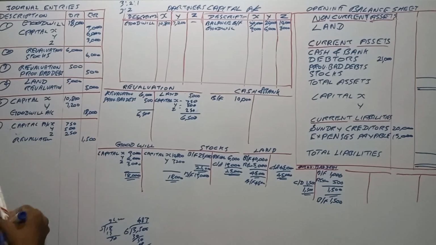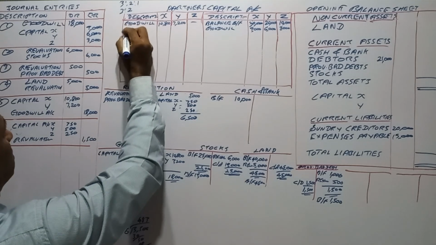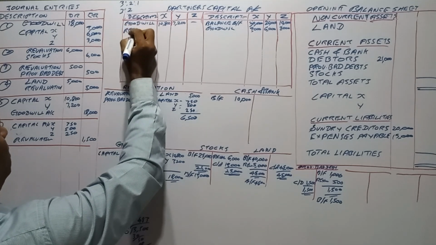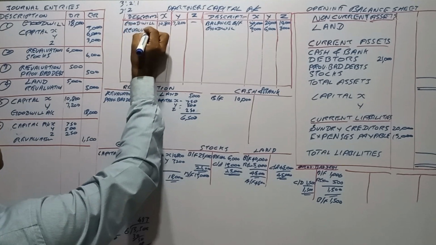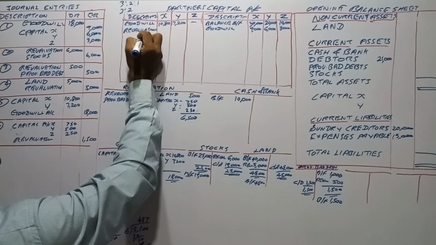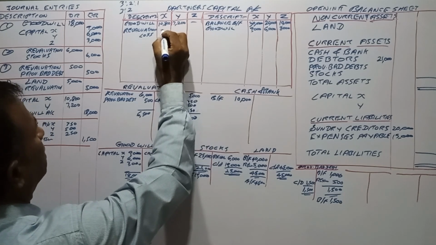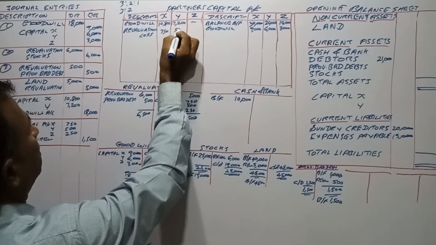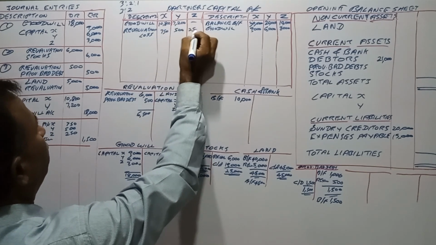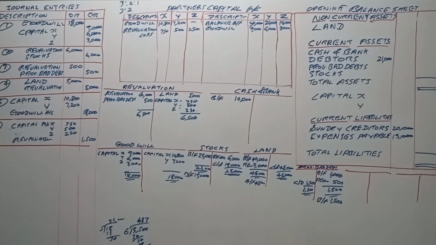That is, the revaluation loss is transferred to the capital accounts. The loss, 750, 500 and 250, we have transferred.